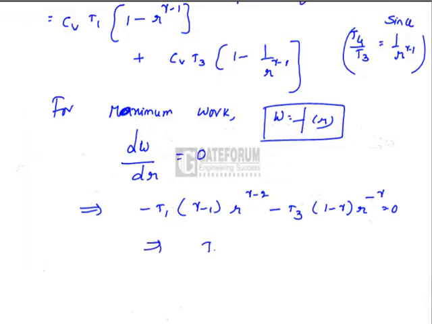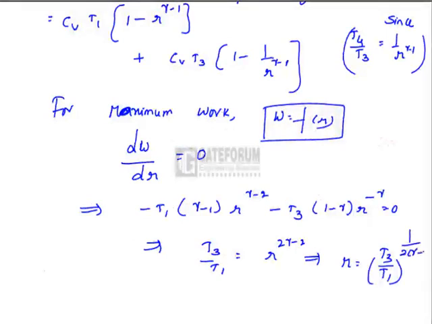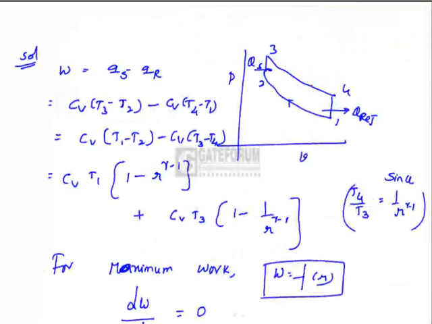That results in T3 by T1 is equal to r to the power of 2 gamma minus 2, which implies r is equal to T3 by T1 whole to the power of 1 by 2 into gamma minus 1. So for a given T3 and T1, this is the condition for maximum work obtained from the Otto cycle.